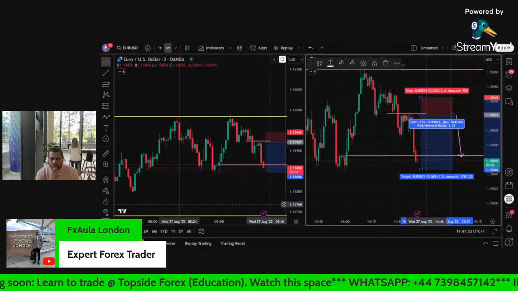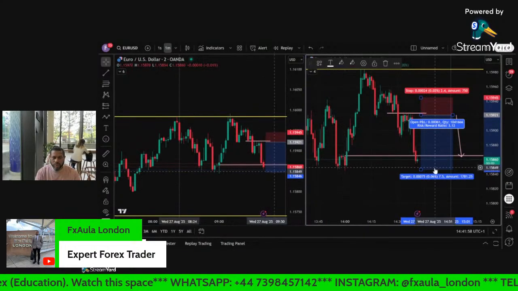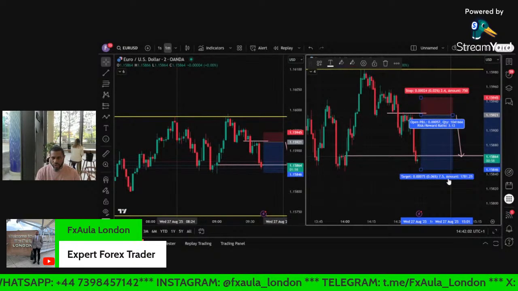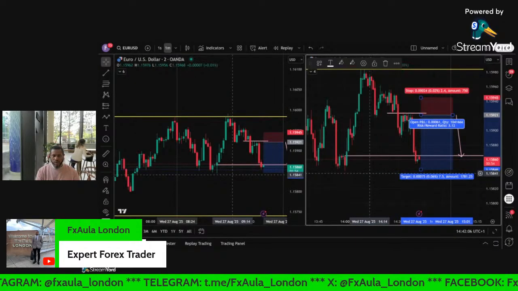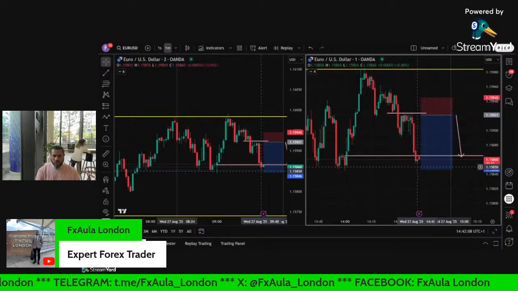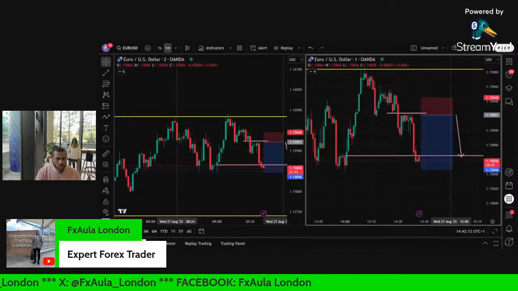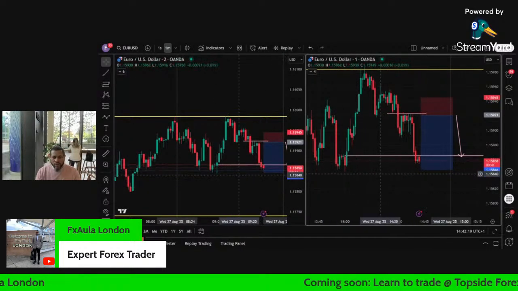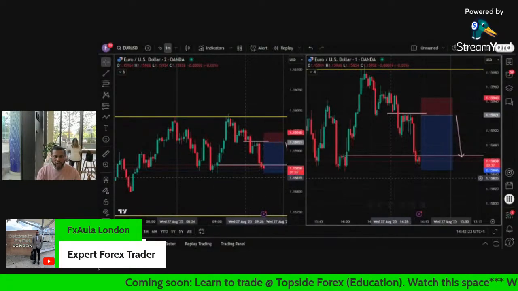This is internal range liquidity. Okay, I'm closing all my positions. I've closed all my positions. Because my account is small, it couldn't give me enough capacity to take the lot size that was required.